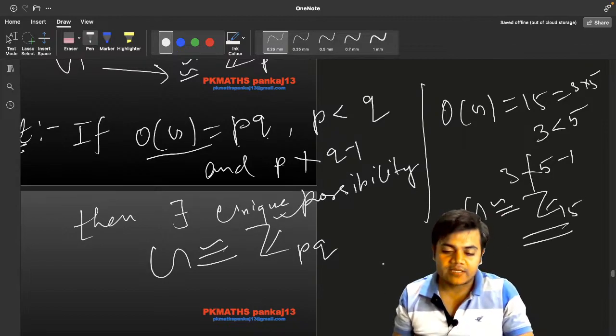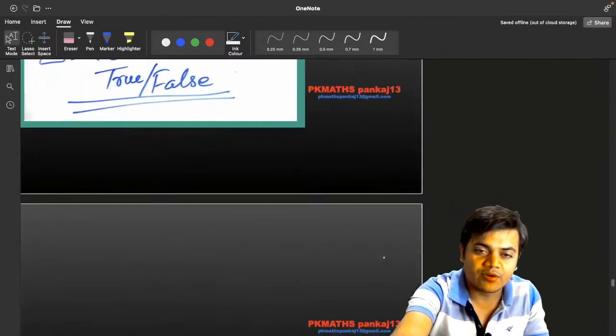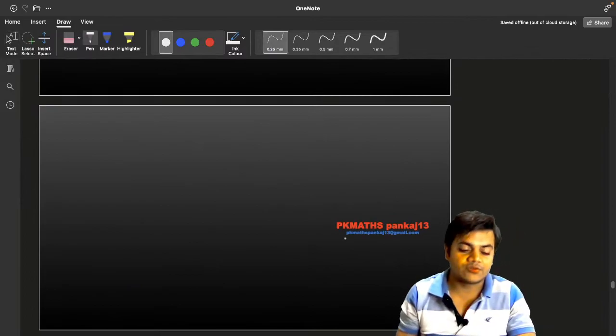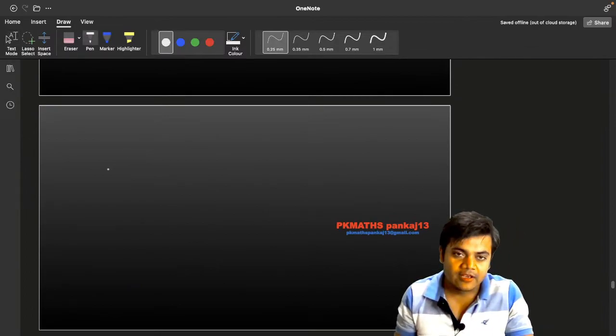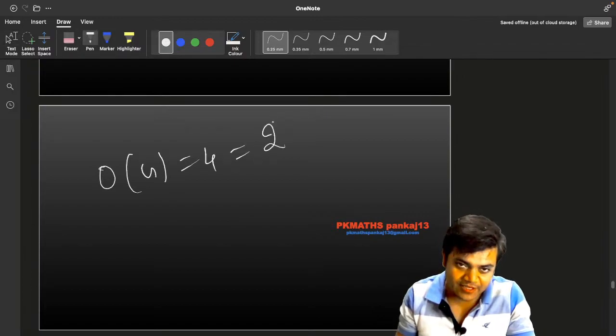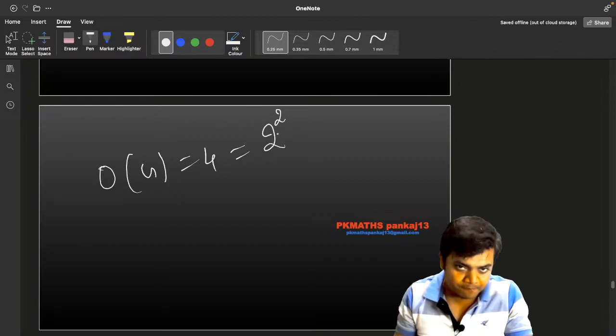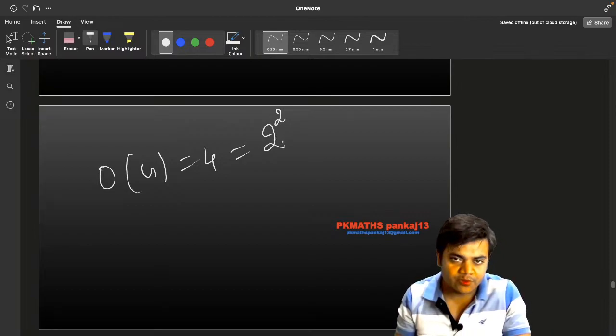So yes, these are the results, and very nice results we can say. Before coming to the questions, we should discuss: if you have a group of order 4, then this can be written as 2 raised to the power 2, that is, it is of the form P square.